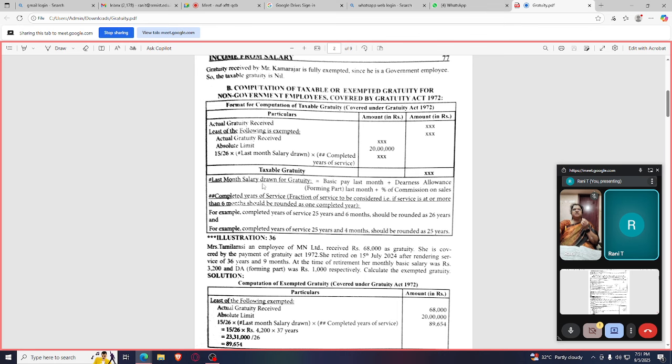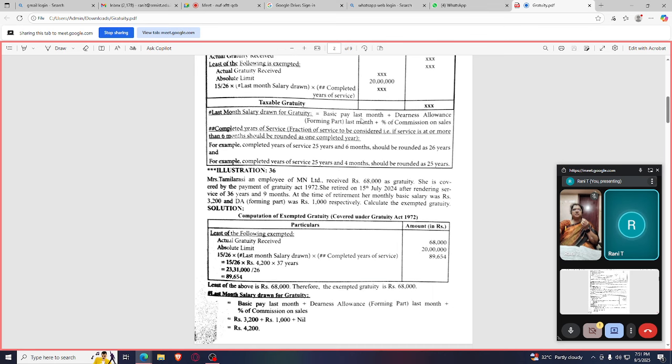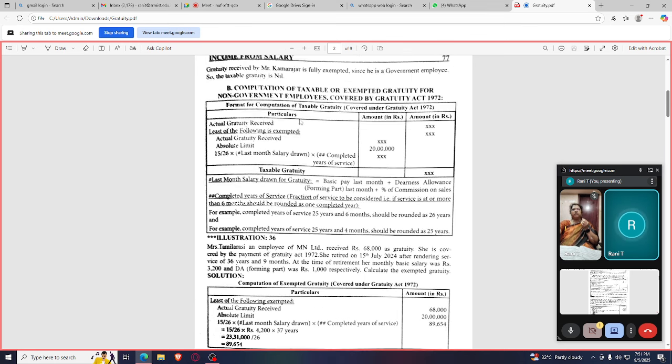Here I have said this is for gratuity covered by the Gratuity Act 1972 for non-government employees. When you are calculating the years of service, if it goes beyond 6 months, then it should be rounded off.